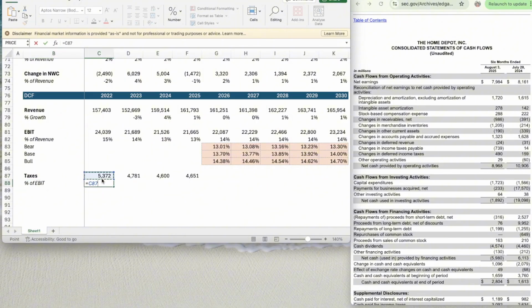So we want to have it dynamic. But we'll keep the same technique of taking the average state tax rate from the last few years and forecasting that out, and then we'll go equals EBIT multiplied by the tax rate.